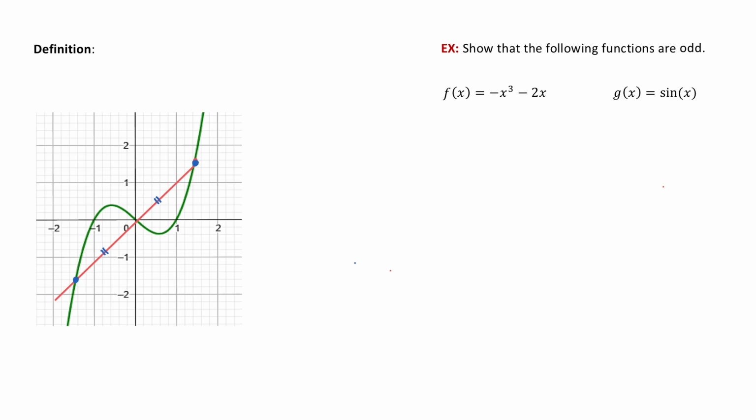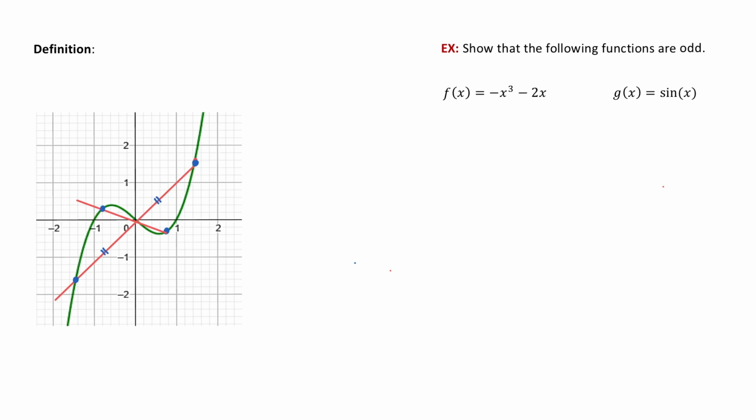Let's do that again with another point. I'm going to pick this point right here, in the fourth quadrant. And I'm going to do the same thing. I'm going to do a reflection by taking that point through the origin, and then notice how it lands right over here.